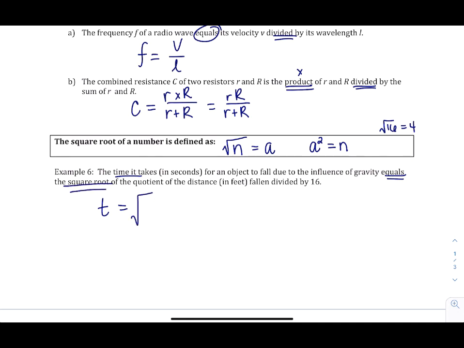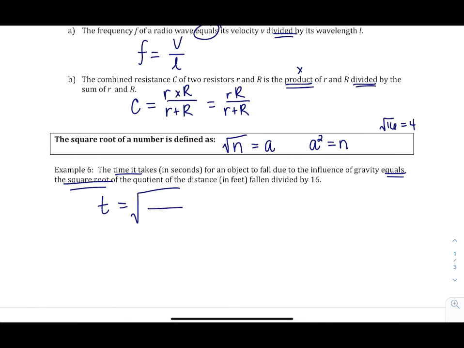So we know we're dealing with a square root. And it's the square root of a quotient. So we're looking at division. We need to use a fraction bar. And it's going to be the distance in feet fallen divided by 16. So the way the words are given in the verbal form is going to help us figure out how to write these into formula form.